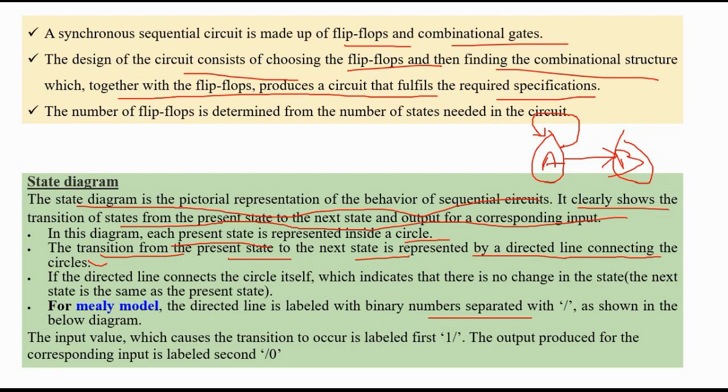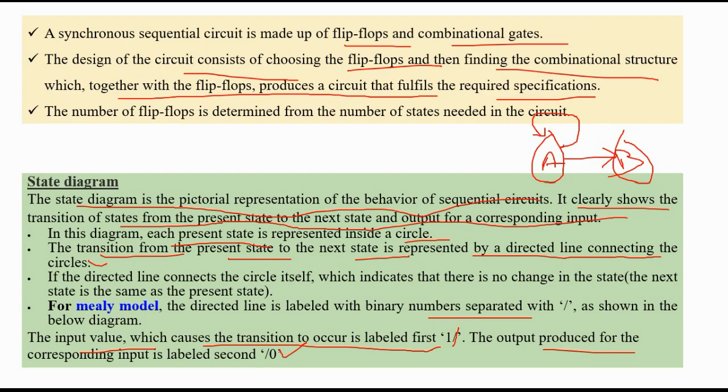In the Mealy model, the directed line is labeled with binary numbers separated by a slash, as shown in the diagram below. The input value which causes the transition to occur is labeled first, followed by a slash, and below it you can represent the output corresponding to that particular transition. The output produced for the corresponding input is labeled as input divided by output.